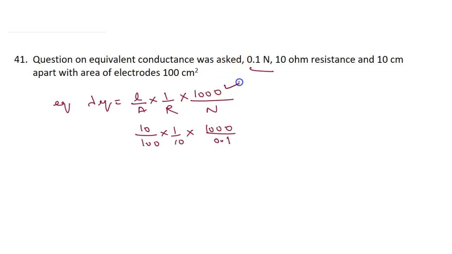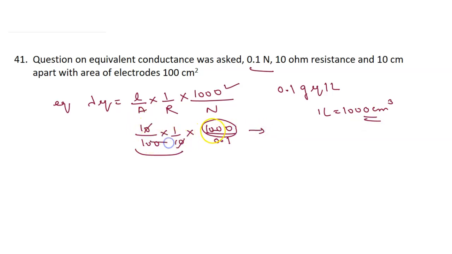This 1000 factor comes as a conversion factor because normality is 0.1 gram equivalents per liter, and everything here is in centimeters. So 1 liter is equal to 1000 cm³. So it comes as 100 cm² Siemens per gram equivalent. As far as I remember, 100 was the option. So a question from the equivalent conductance concept was asked.